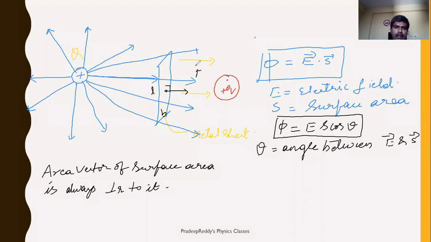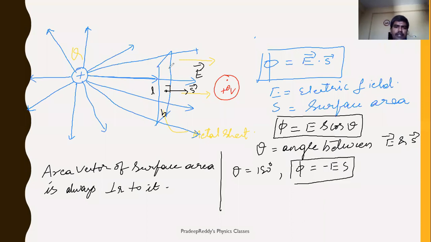This is E bar and this is S bar. E bar and S bar are both parallel in this example, so theta is equal to 180 degrees, is it not? Therefore here phi can be written as minus ES. This is the electric flux passing through this surface area. Now length into breadth is surface area.